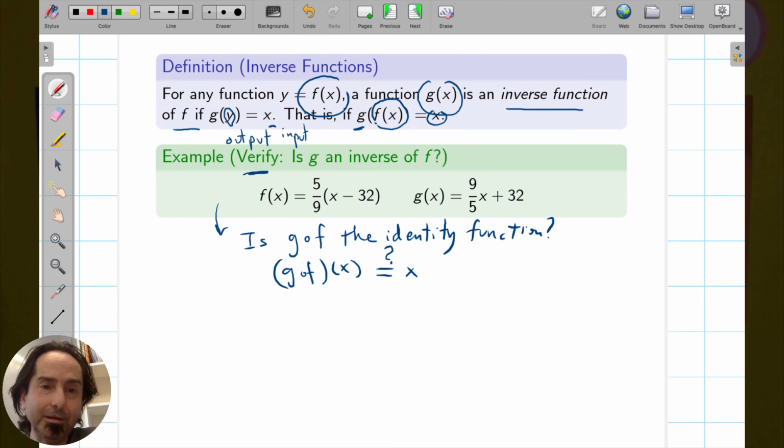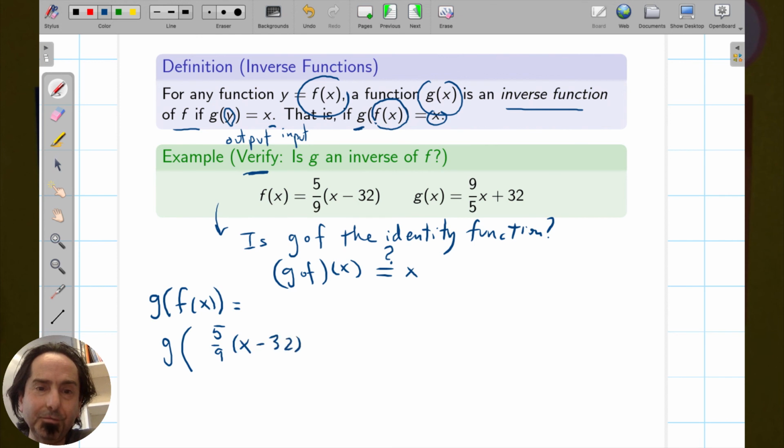And let's just check that. We need to simplify g of f of x, and we can do this from the inside out. So that's g of 5/9 times x minus 32. And if we use the formula for g, that says just take whatever you have and multiply it by 9/5. So 9/5 times that input, x minus 32, and then to the result you add 32.